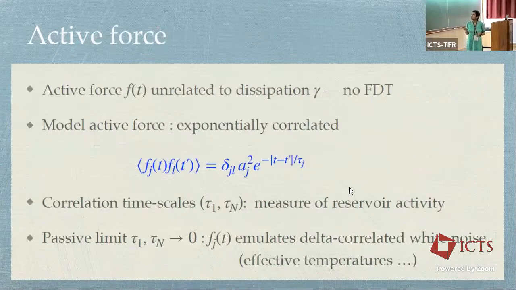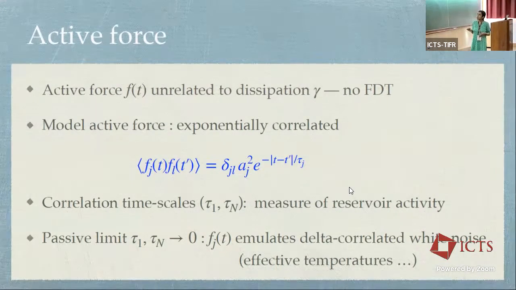And what I assume for the moment is, unlike the white noise, these are correlated in time. These have some memory. And again, for simplicity, I take this very simple exponential correlation. So the correlation of f^a decays exponentially, where j is the index of the reservoir. So we have one time scale tau_1 for the left reservoir, and then another time scale tau_N for the right reservoir.